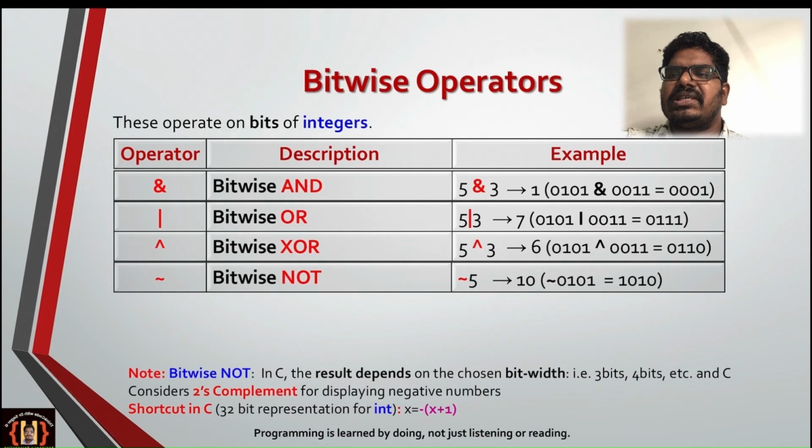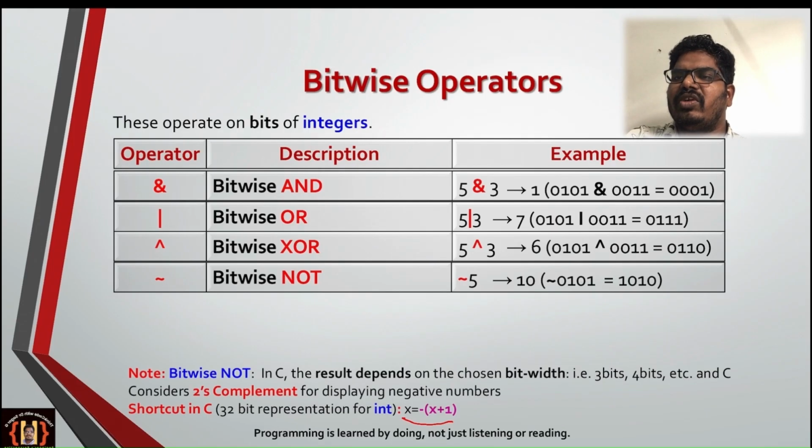In this 32 bit representation in C language, usually for displaying the numbers, the compiler uses 2's complement. I'll tell you about 2's complement in a minute. A shortcut to get the 2's complement is to remember this formula: if x is 5, its 2's complement is minus of x plus 1.